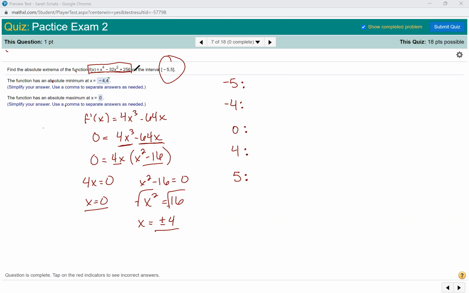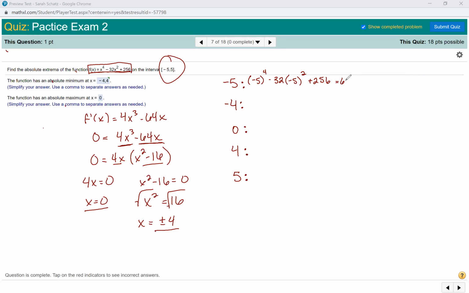So let's see, let's start at -5. You guys will have -5 to the 4th power minus 32 times -5 squared plus 256. Let me get my calculator out with the big numbers. All right, so 5 to the 4th, 625.